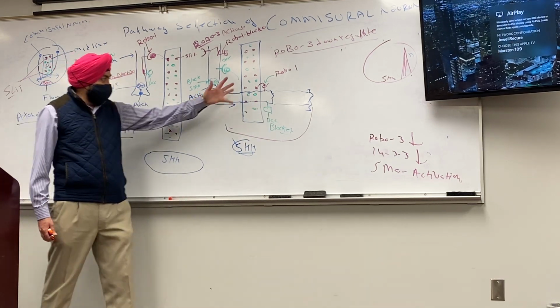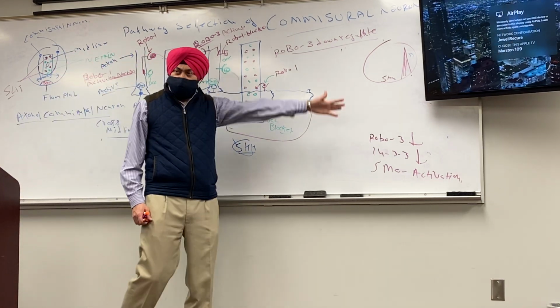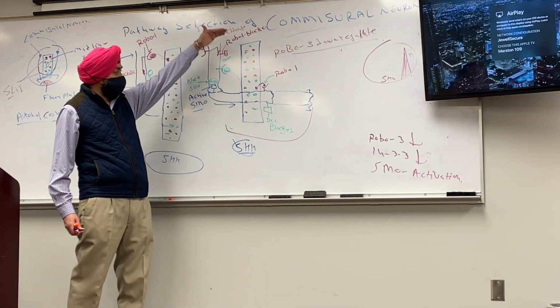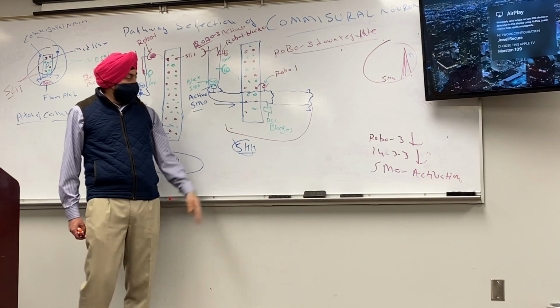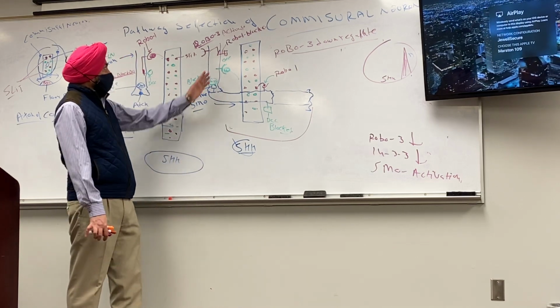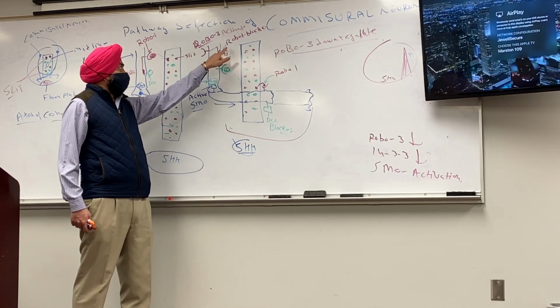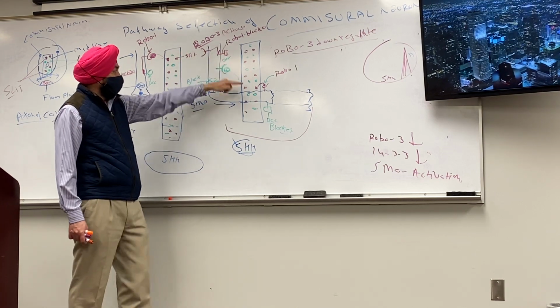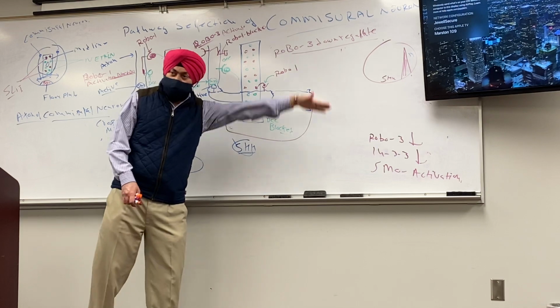Now when it is at the midline, you want to move it further away from the midline. So what happens during that time, Robo3 signaling goes down. When Robo3 is going down, that blockade on Robo1 will be removed again, slit will bind to Robo1, and it's saying go away from here.